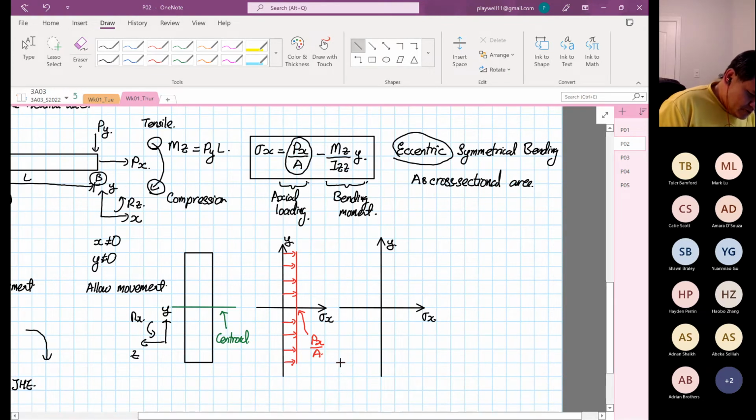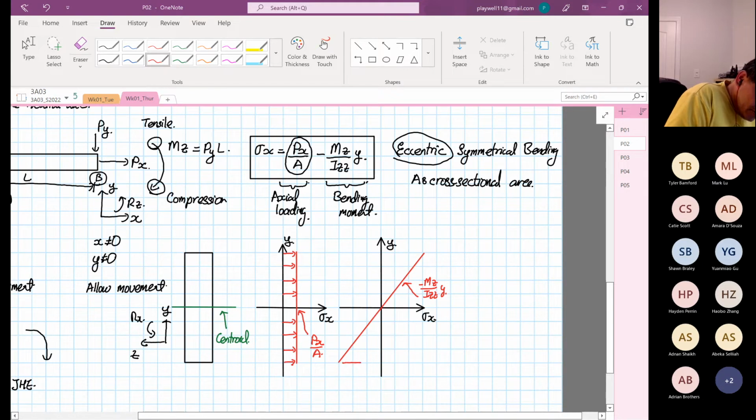This curve that you see down here is minus Mz over Izz multiplied by y.